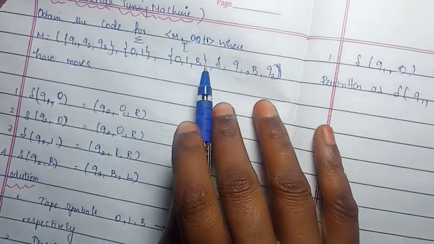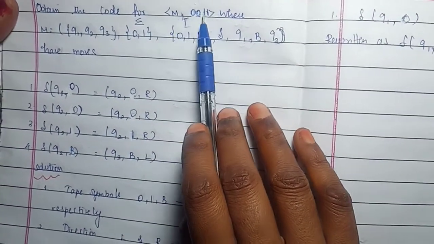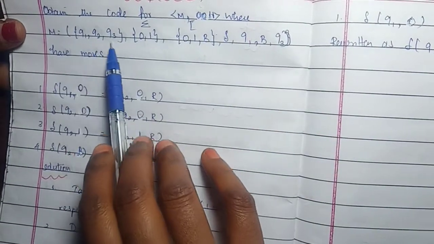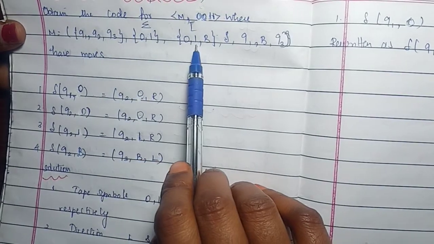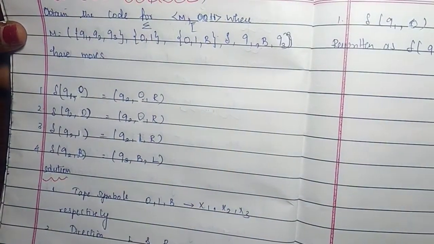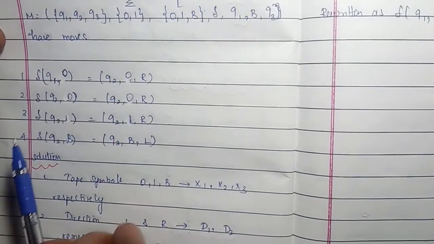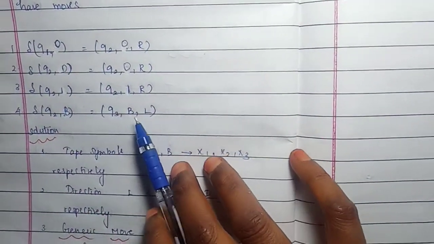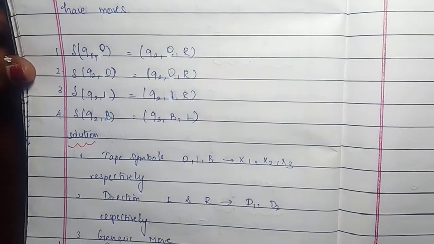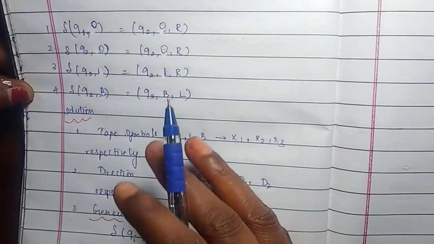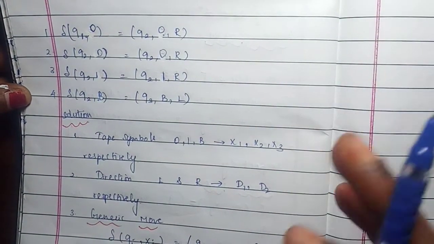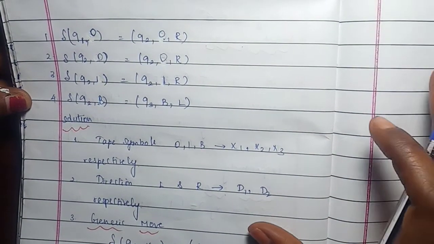So for this we have an example: obtain the code for the machine M, where we have 3 states and the tape symbols 0, 1, B, and we have these moves. So it's a theoretical concept, and we have to make the encoding of this particular Turing machine.